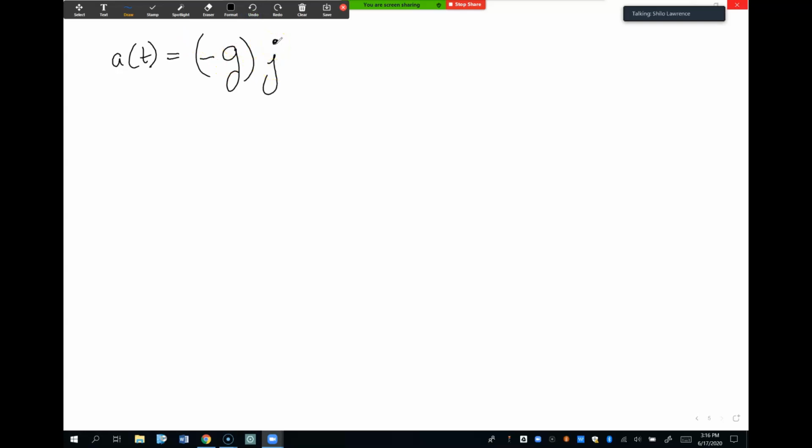We also know from the picture that the magnitude of our initial velocity is given. The angle for the initial velocity is given, and the initial height is given. These two go together.